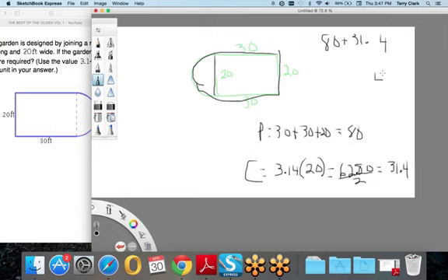And I'm not using the calculator on this one either. 8 plus 3 is 11, 0 plus 1 is 1, and then 0.4 plus 0 is 0.4. All right, so that's your answer right there. It's going to be 111.4 feet.